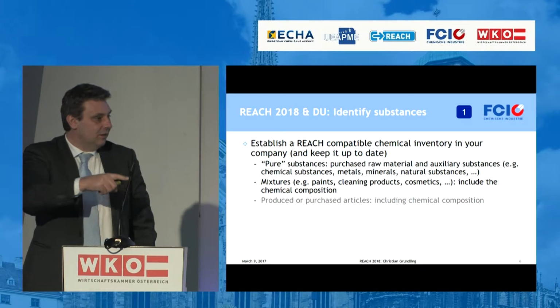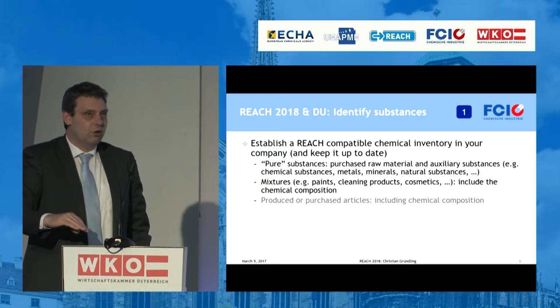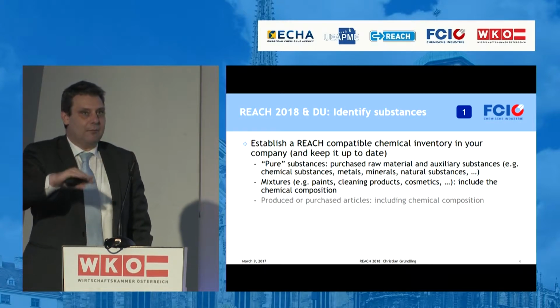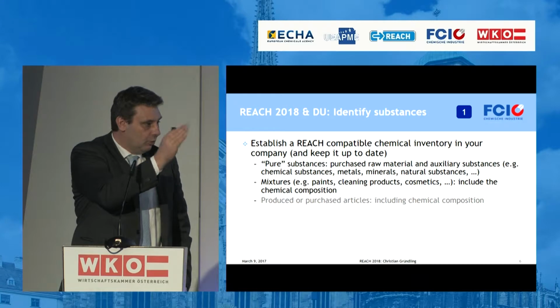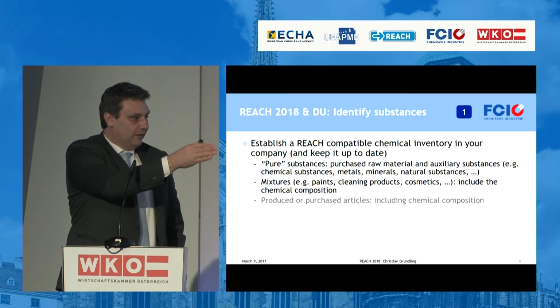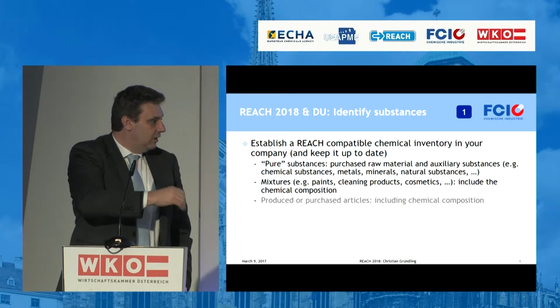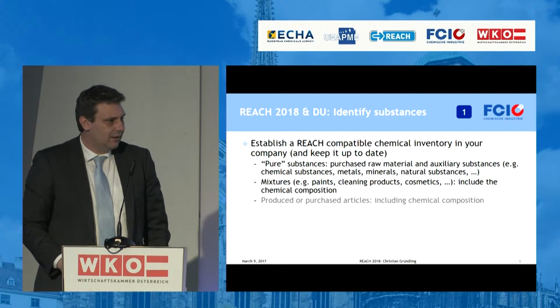This is in principle exactly the same as for the registrant. You should do a REACH-compatible chemical inventory in your company. And of course, not do it once, not the one which you did maybe 2008 to check whether you need to pre-register something, but you need to keep it up to date.